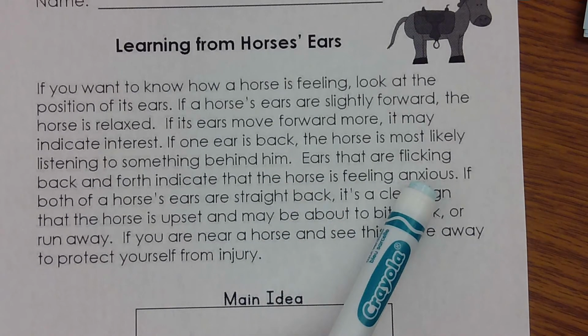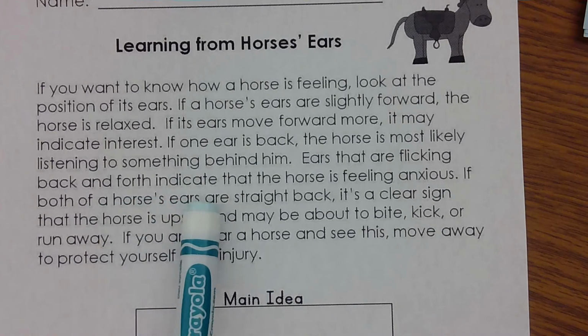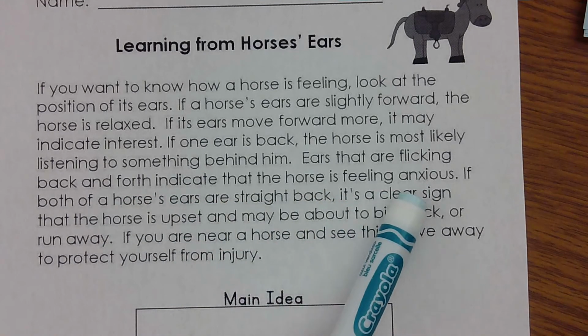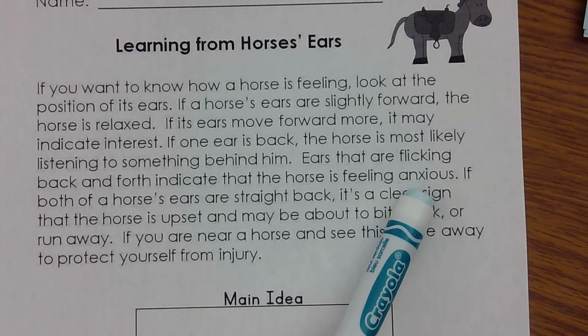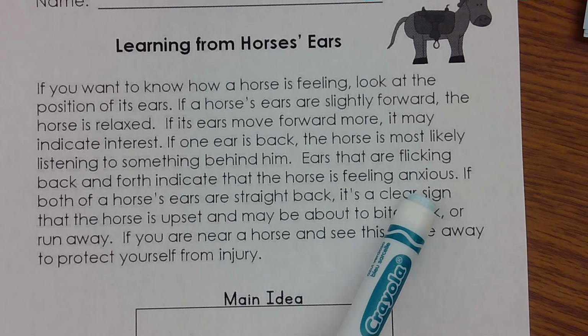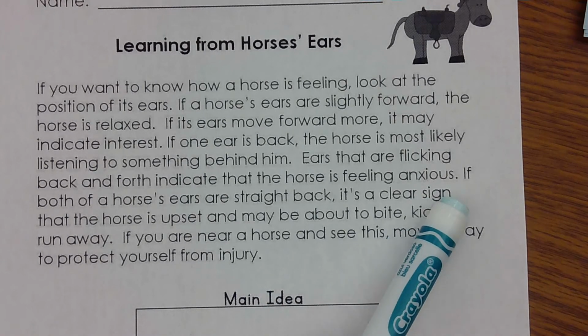Ears that are flicking back and forth indicate that the horse is feeling anxious. Anxious means maybe a little nervous or worried about something. So I visualize some horse's ears kind of going back and forth, and that makes me now know that he's anxious or maybe a little worried about something.